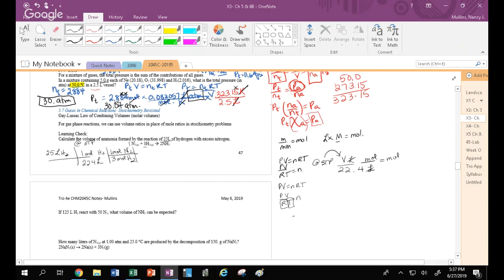Yes? And for every 1 mole of nitrogen at STP, there's 22.4 liters. Do you agree to that? You can see that the 22.4 number cancels. And now, instead of talking about a mole fraction, we're talking about a volume ratio.